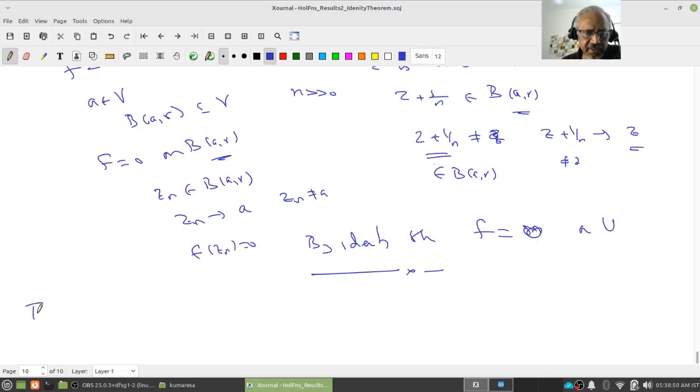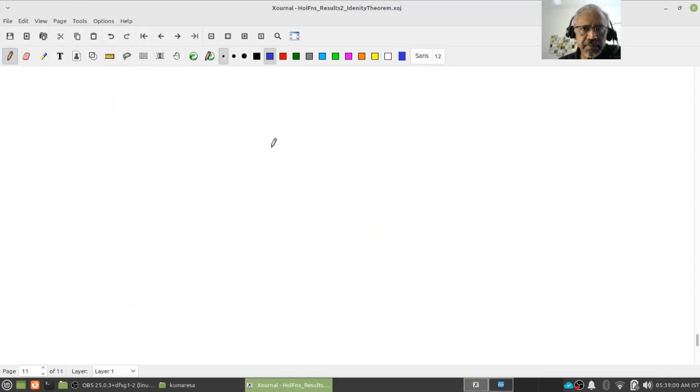And there is a very typical application which will be very needed. I'll go to the next page. That is this. Suppose f from U to C is non-constant, holomorphic, and U is open and connected.